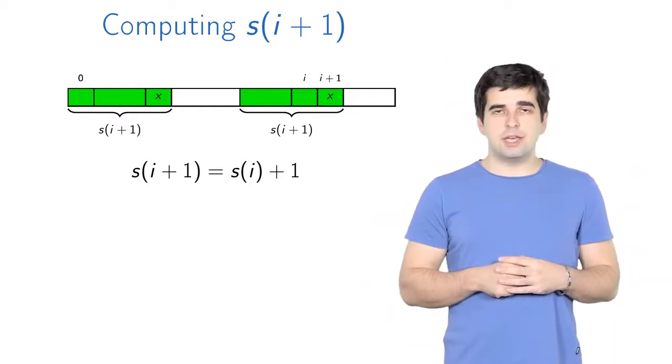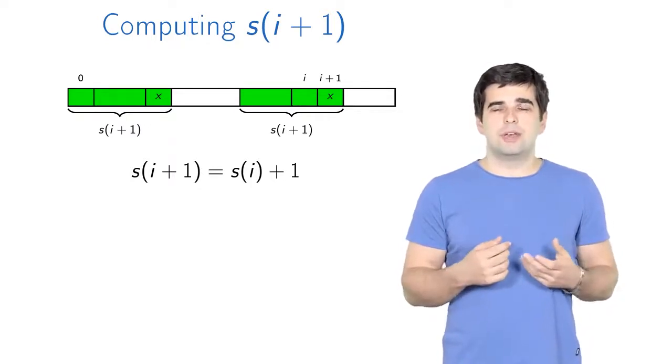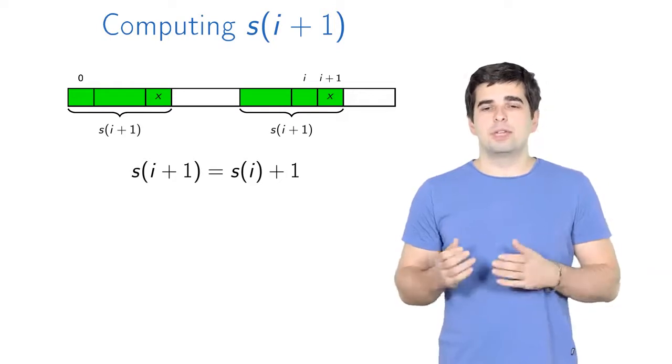And that means that s of I plus 1 is exactly equal to s of I plus 1, because we've learned that the prefix function cannot grow by more than 1 from position to the next position.